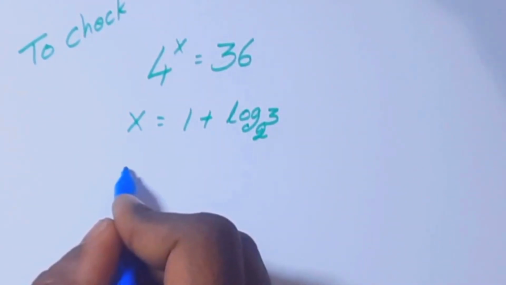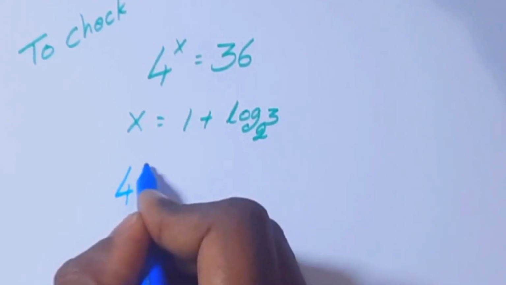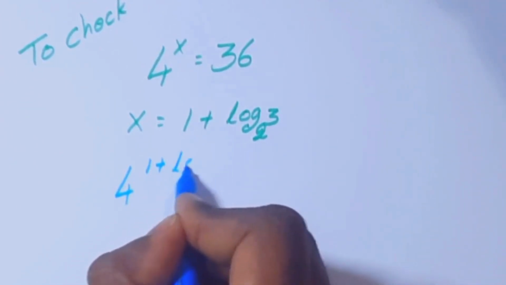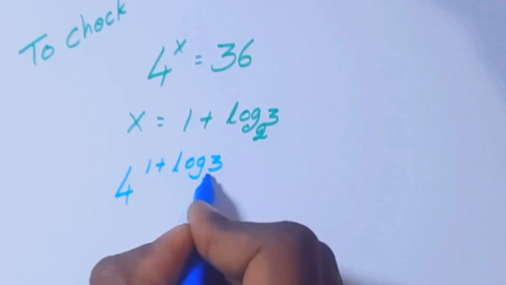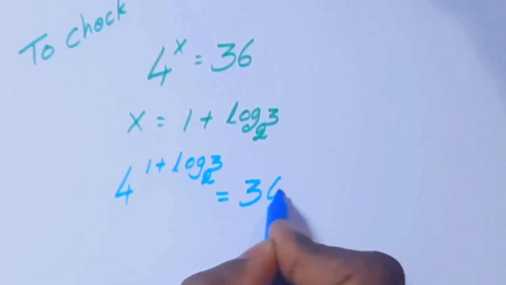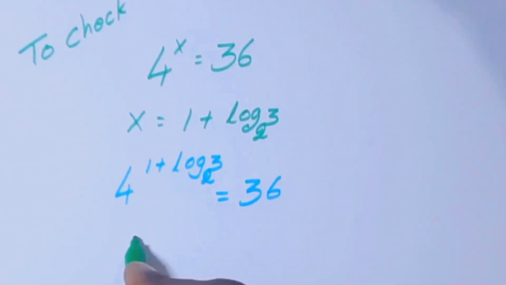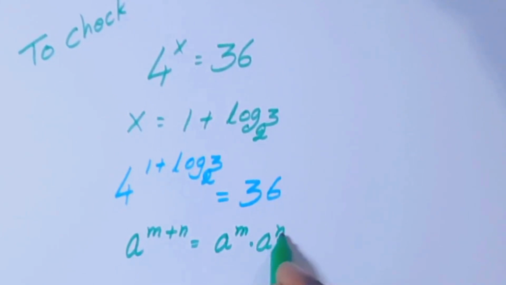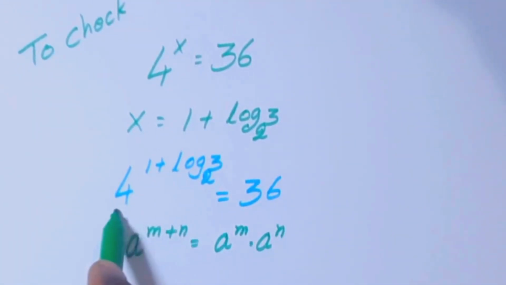Now the equation 4 power x can be replaced with this value, 4 power 1 plus log 3 base 2 equal to 36. Now we are going to implement this formula: a power m plus n equal to a power m times a power n. This formula we are going to implement here.